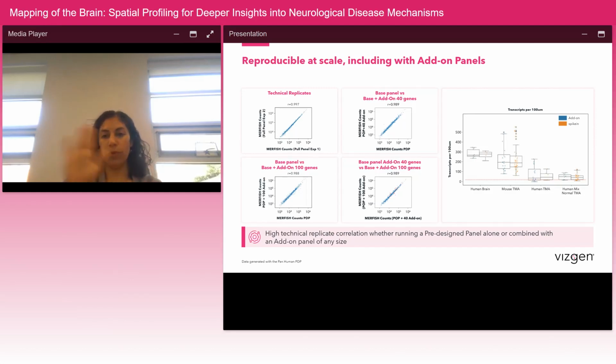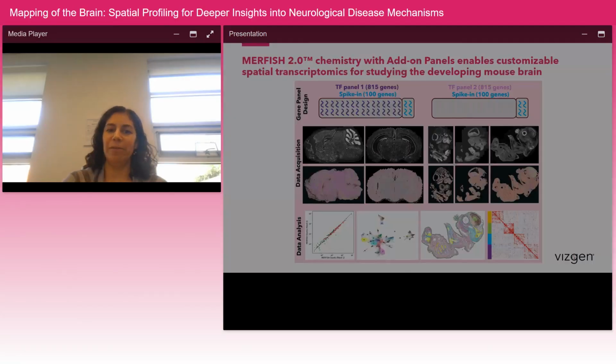And you'll see on the right side that we don't see any change in transcript counts. So we are confident that adding on these additional genes doesn't change anything about the biology and maintains the high sensitivity of the MERSCOPE platform. So you get the added flexibility without any hit to data quality.